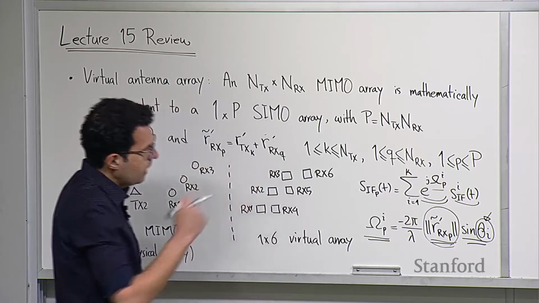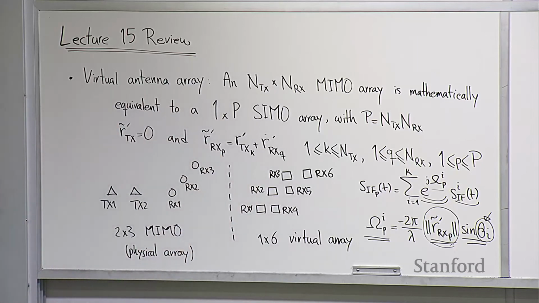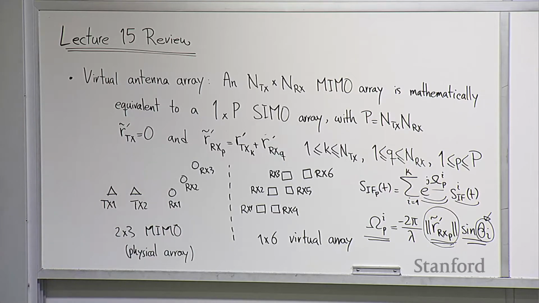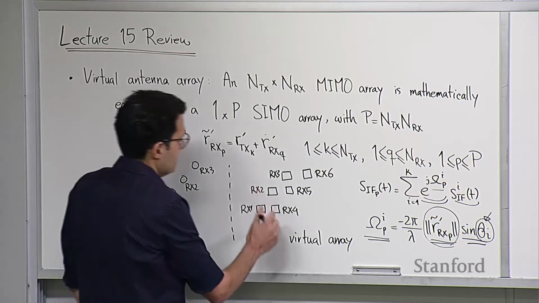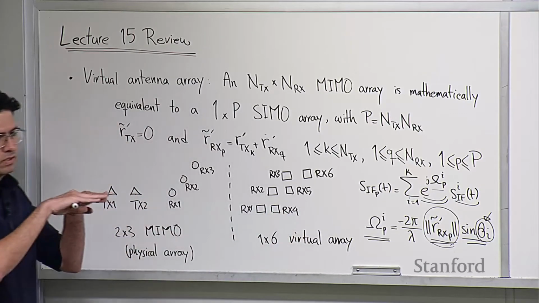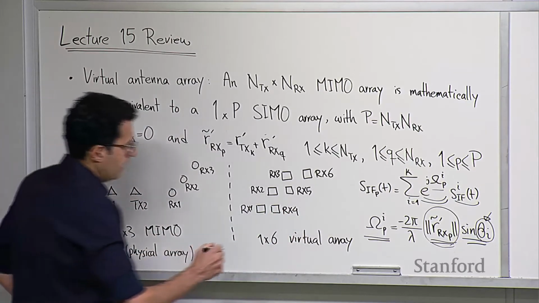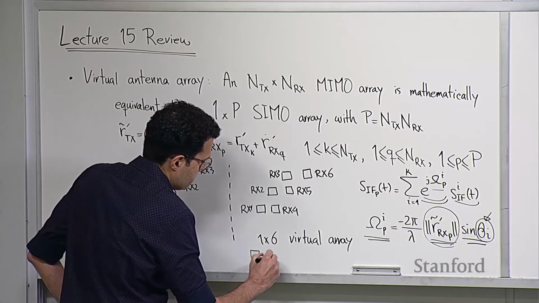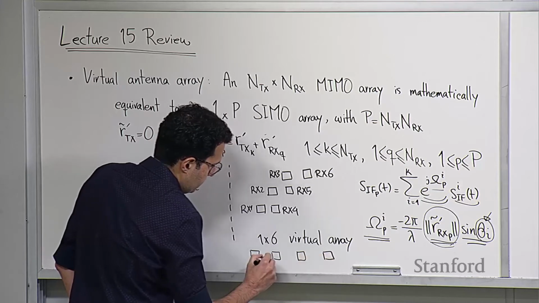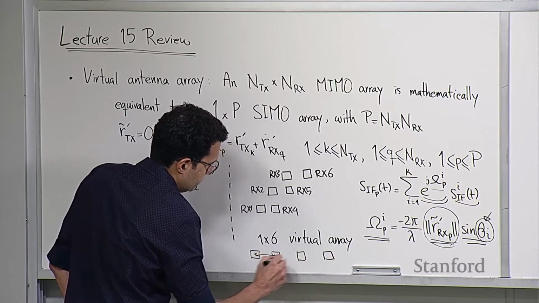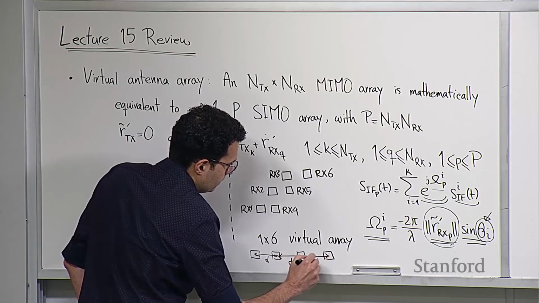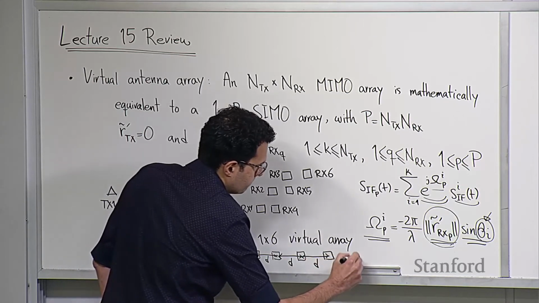To develop our algorithms, we went with the simplest geometry that you can think of, which is a uniform linear array. This here, for instance, is not a uniform linear array. In a uniform linear array, all your virtual elements are on a line, and they are equally spaced. So if I were to draw a ULA, all elements are like this, and the spacing we call D. Every two are spaced D apart, and they're on a line, and that's a ULA.